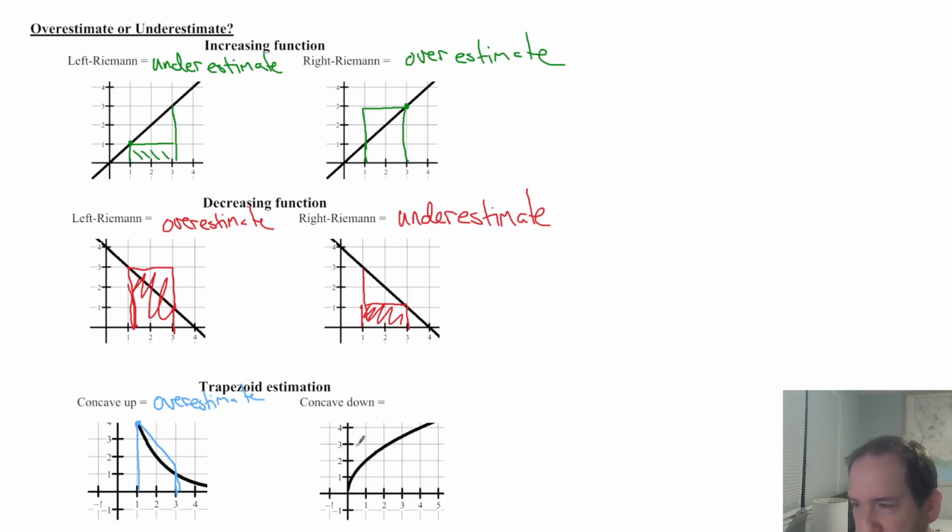And finally, for functions that are concave down, if I'm going from 1 and running all the way to, say, 4, then as I connect those dots, that line is going to naturally run under the function, which is concave down, and you're going to miss a little bit of area, and therefore this is an underestimate. So make sure you can determine whether our methods overestimate or underestimate our area based on whether the function is increasing, decreasing, concave up, or concave down.